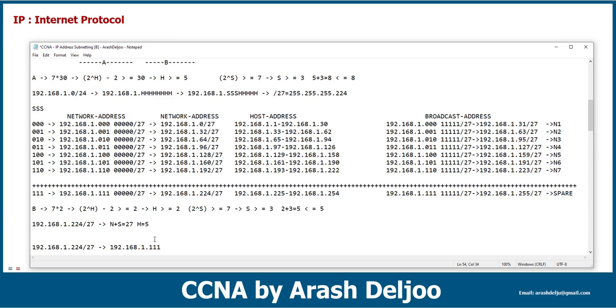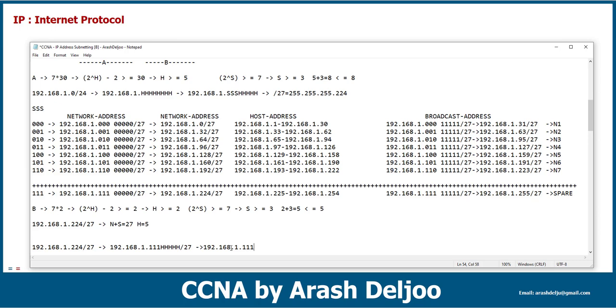And now these 5 bits are available for the hosts. Now I'm going to subnet these host bits because you know that here we need only 2 bits for host and also 3 bits for subnets. Because of that, we can subnet this network again to, for example, this subnet.